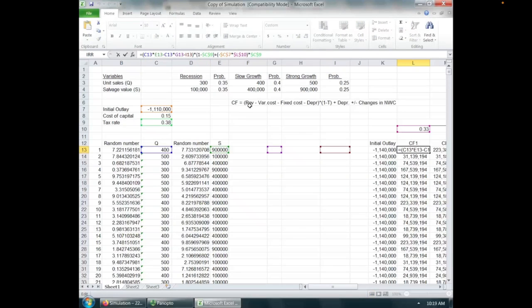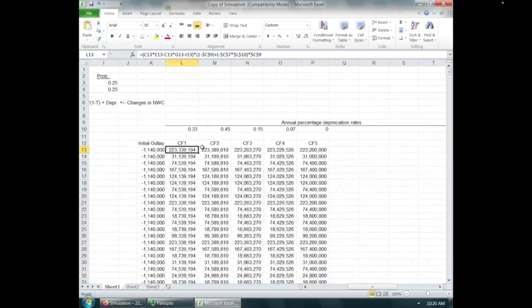Now, revenues. To generate revenues, I need the units, which I have randomly generated here, and I need the price. So price is $1,500 starting in year 1, and it increases by 6% every year. So maybe I can specify what the prices are here in this row so that I can use them in generating our cash flows.